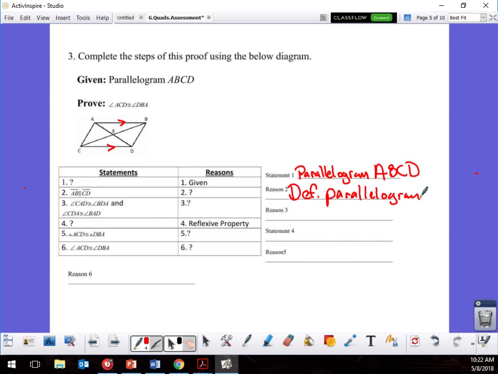Okay. So we have that those are parallel. I have angle CAD is congruent to BDA, and CDA is going to be congruent to BAD.